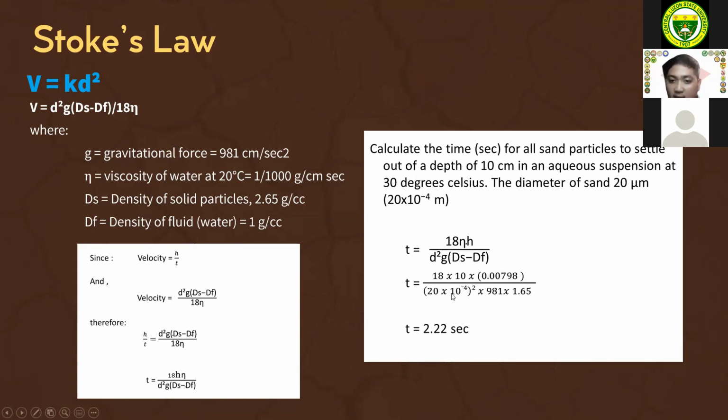Then over the diameter of sand, which is 20 micrometer, ito yon. Then the gravity, and then the density. Okay, so using that formula na-derive, nakuha na yung settling time ng sand, which is 2.22 seconds.